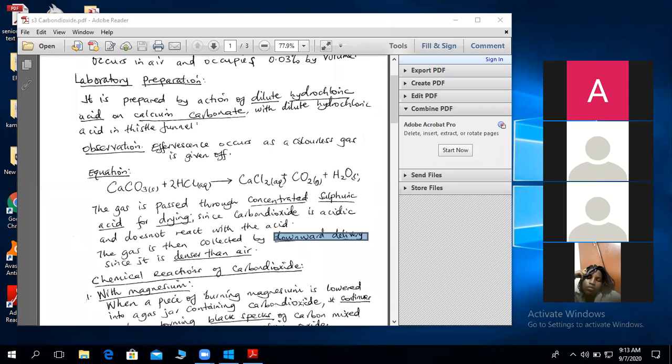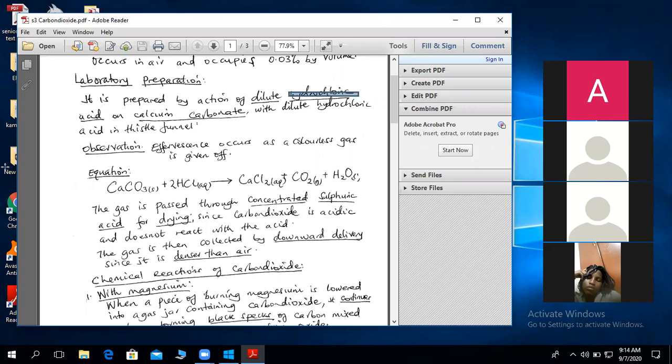Now, I want to talk about something which is not here. Remember, carbon dioxide gas is not prepared using sulfuric acid. We cannot use sulfuric acid instead of dilute hydrochloric acid on calcium carbonate.